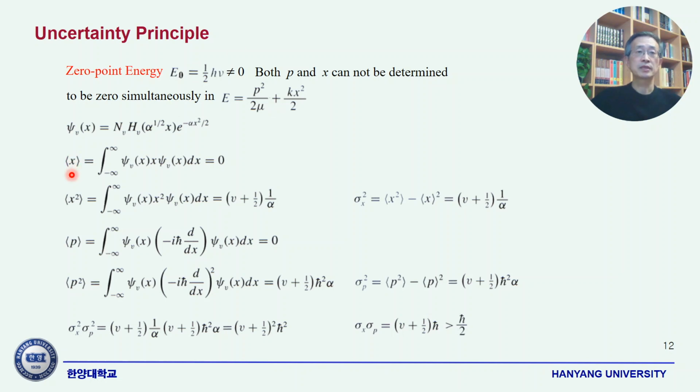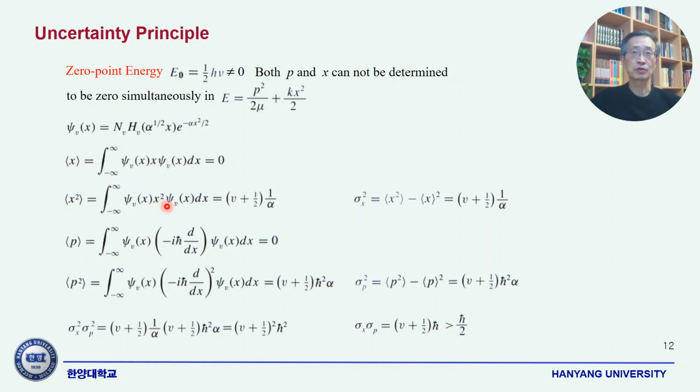So we can calculate x average and x squared average, and momentum average and momentum squared average. Remember that once we have a wave function, for a classical observable, there corresponds what? A linear Hermitian operator. So for position, the linear Hermitian operator is just x.